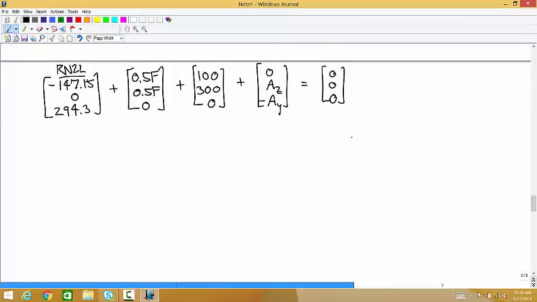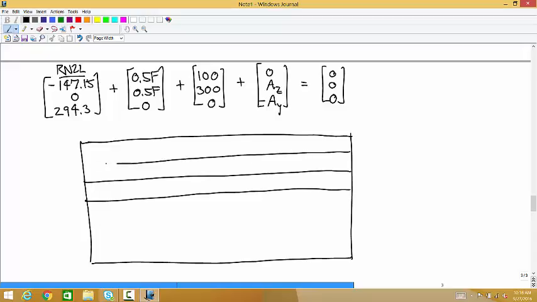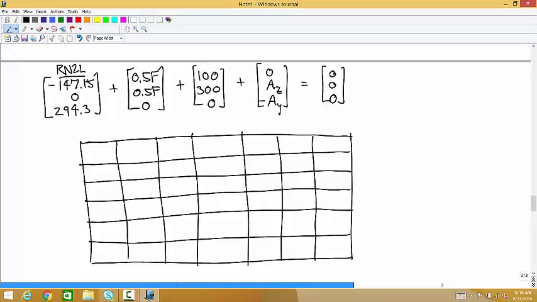And so if you write out a matrix for this, we have 6 equations. We have 6 variables and then a constants column. So this is equation 1, 2, 3, 4, 5, 6.